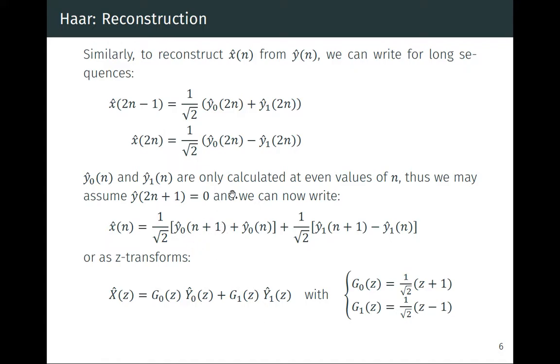Then we could define that as a continuous filter by saying that xn is the result of this addition of two filters, and these two filters are defined for values of n plus 1 and n.